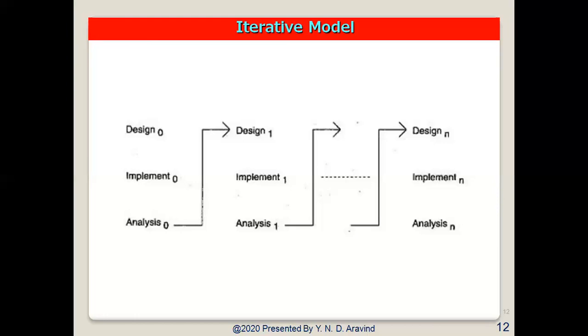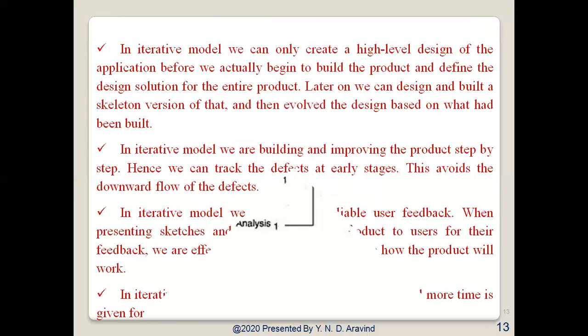Here also the product documentation is necessary to facilitate future development and maintenance, so we need to make the product documents. Standard system analysis and design techniques can be fitted into the framework while developing the iterative model.